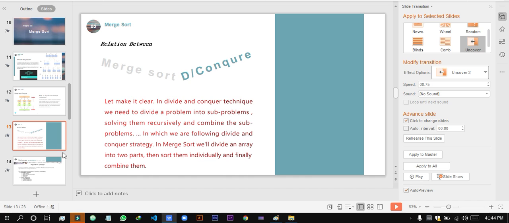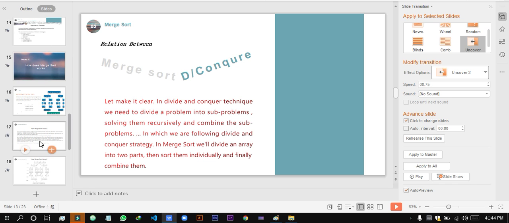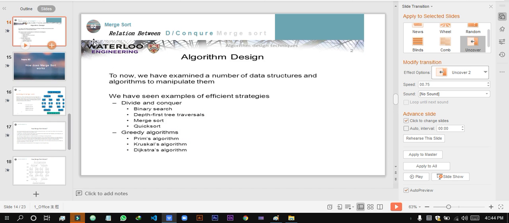There are a couple of similarities, so you can say that divide and conquer is a little bit similar to merge sort. These types are used in algorithm design to get a quick view about the program which is being designed.